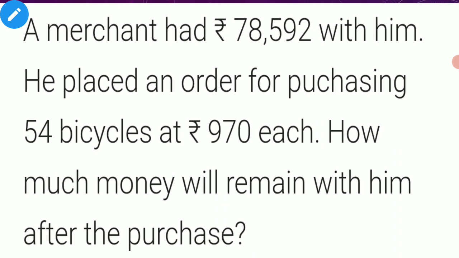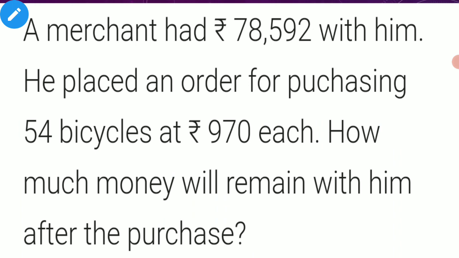Now the next question is, a merchant had 78,592 rupees with him. He placed an order for purchasing 54 bicycles at the rate of rupees 970 each. How much money will remain with him after the purchase? So this merchant has 78,592, and the cost of one bicycle is 970, and he placed an order of 54 bicycles.